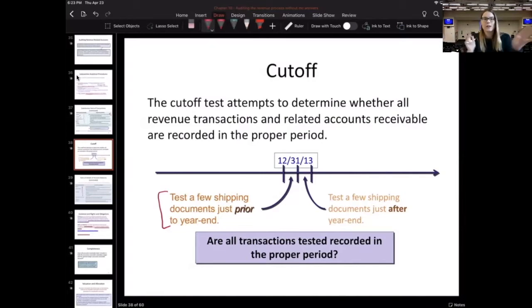I'm going to test a random sample of both, and I'm going to pull all the documents associated with them, right? Shipping docs, invoices, customer order, and then I can make sure that those sales are recorded in the correct period. And I'm going to consider all these things, like, what are the shipping terms? Was it FOB shipping point? Was it FOB destination? When did it arrive if it was FOB destination? When was it shipped if it was shipping point? So I'm going to consider all these important things.